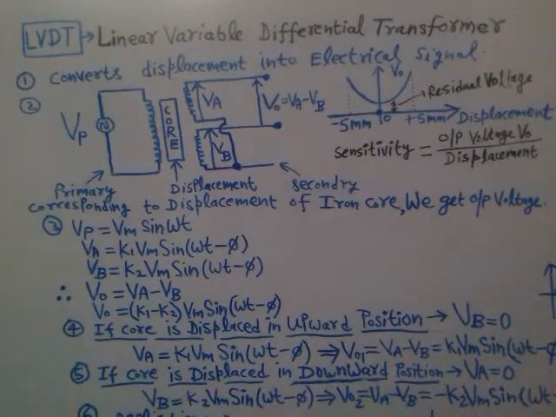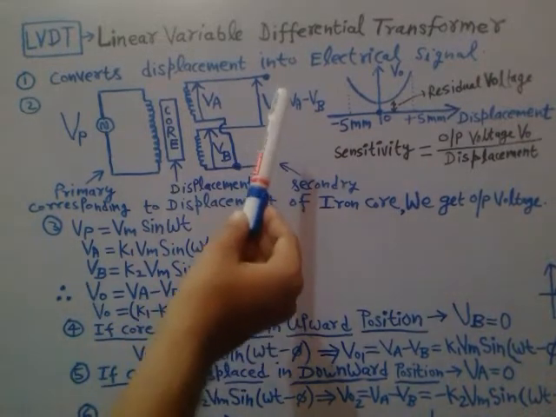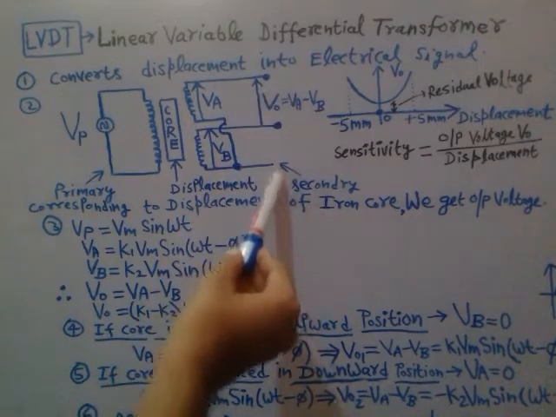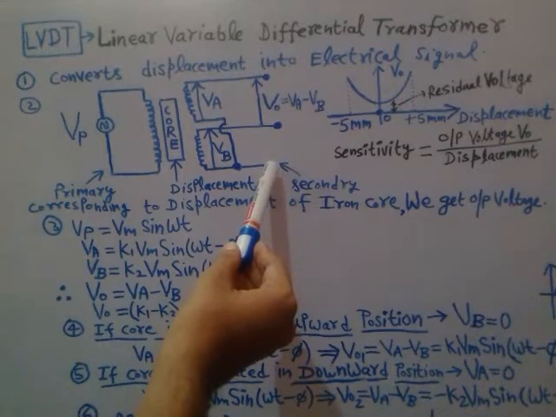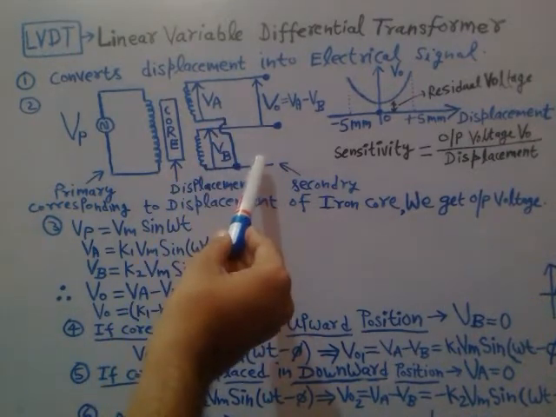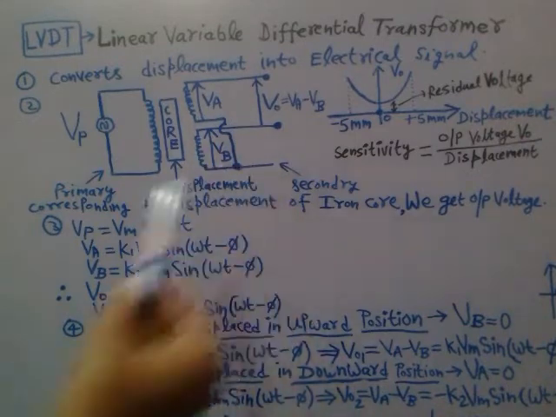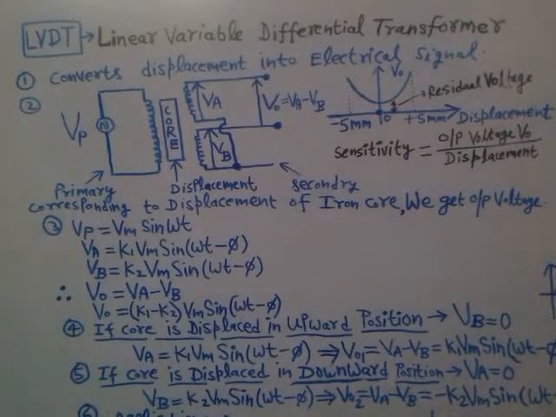In order to measure the differential input displacements, we need a differential output voltage, and the differential output voltage is only obtained when you have two windings on the secondary side, the upper secondary winding and the lower secondary winding.